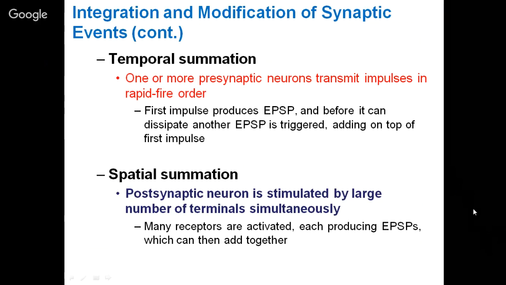With regard to the spatial summation, the postsynaptic neuron is stimulated by a large number of terminals simultaneously, and many receptors get activated, each producing excitatory synaptic potentials, which can then add together.